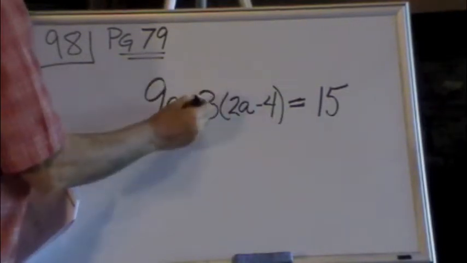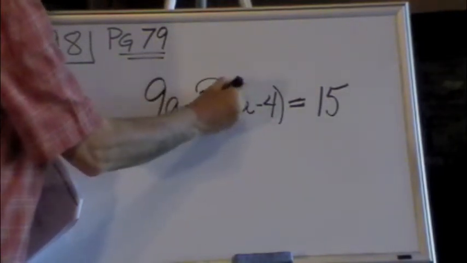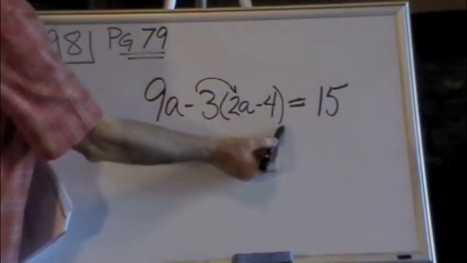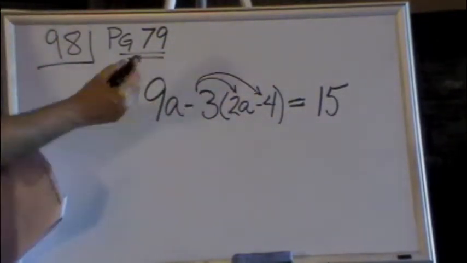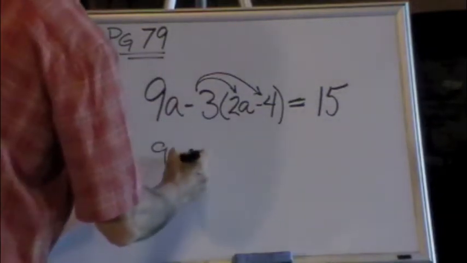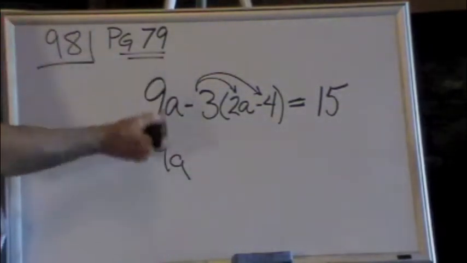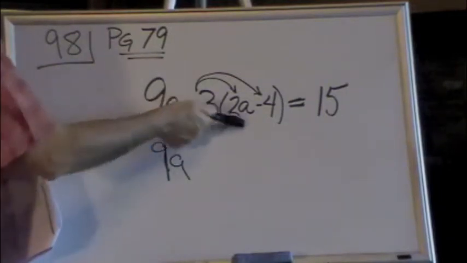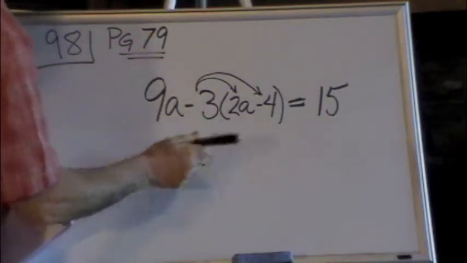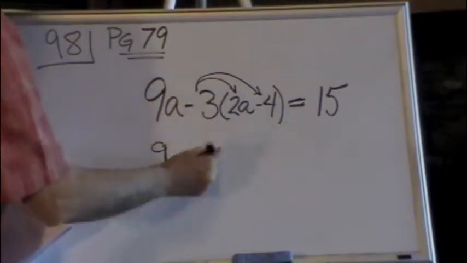Now, that -3 has to affect this parenthesis. And it affects both of those. The 9a is fine. 9a. Now, I'm sorry, it looks a little bit bad there. Let me do my best. There we go. What's a -3 times 2? Well, it's going to be negative because it's negative times positive.